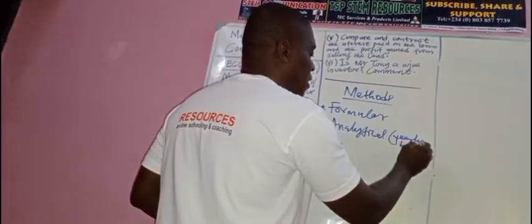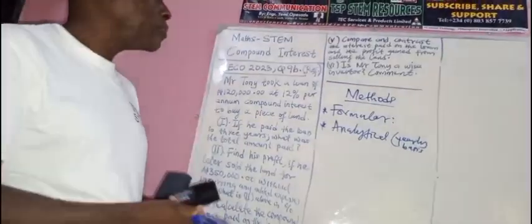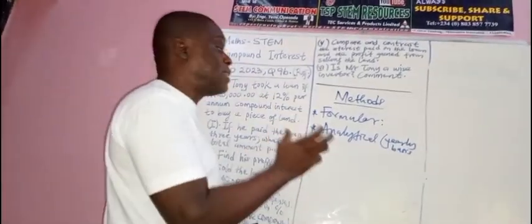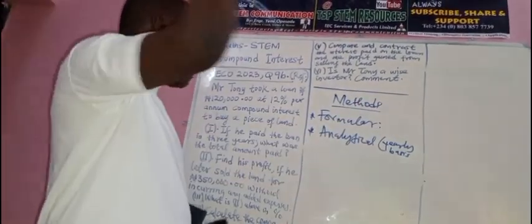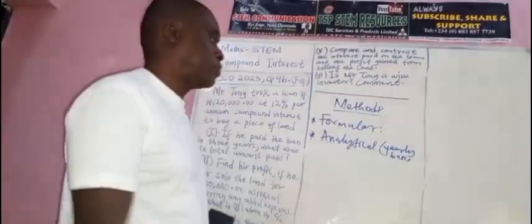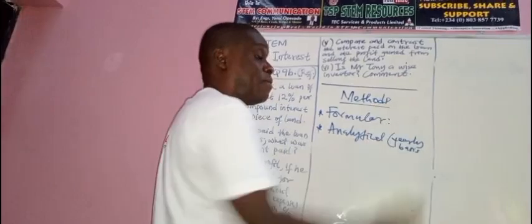Okay, this one when you use a formula directly. Okay, there's a formula that has been formulated for the final amount on a loan. So that one, if you adopt that formula, you are using the formula method.